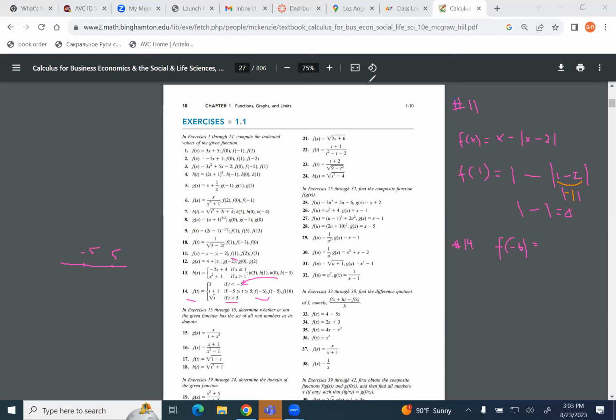So I must decide what region this -6 belongs to. So if -6 is in the first region, second, or the last. And looks like -6 is a little bit smaller than -5, isn't it? So it belongs to the first expression, which is 3, just like that.